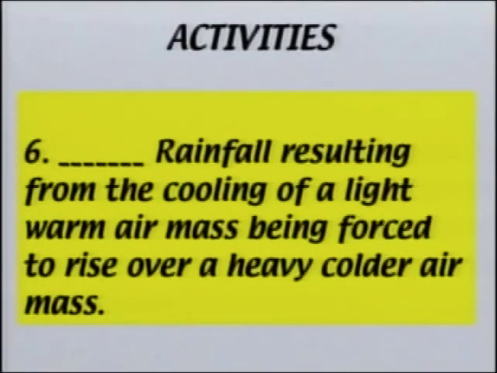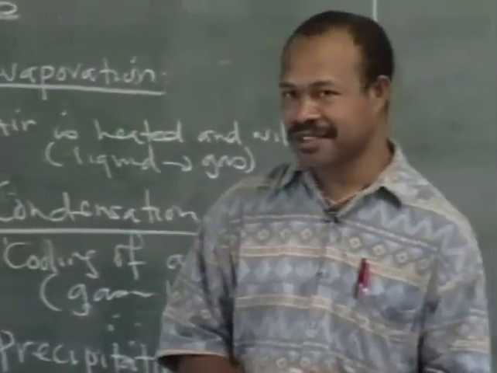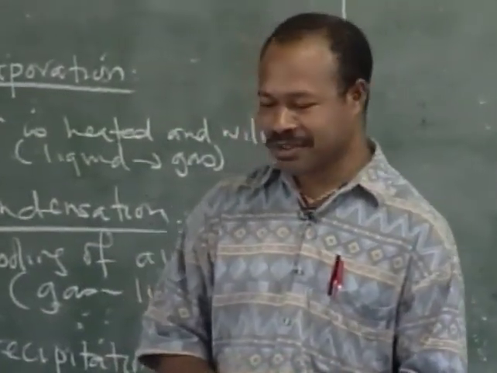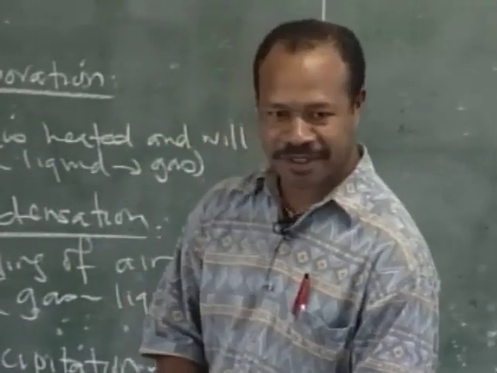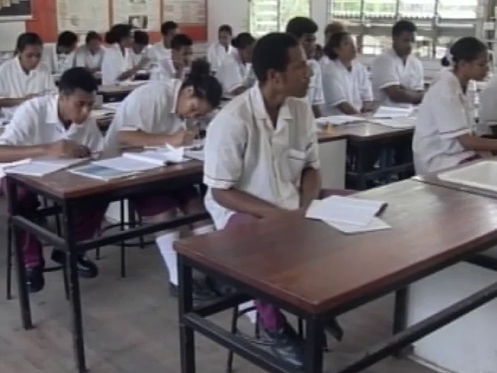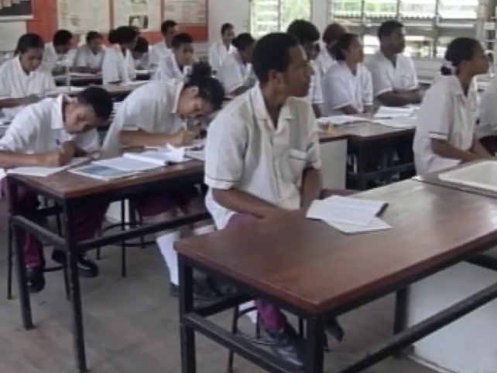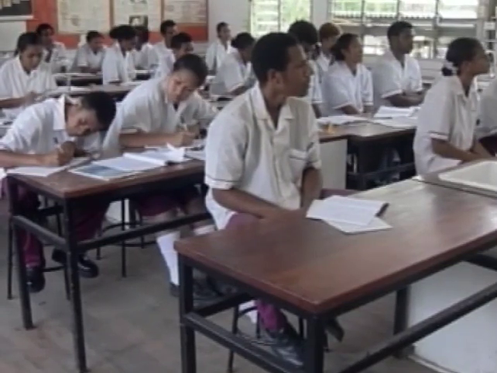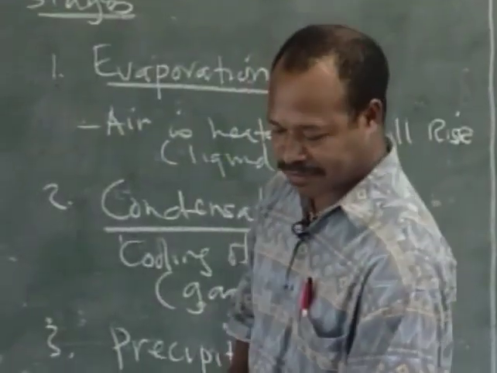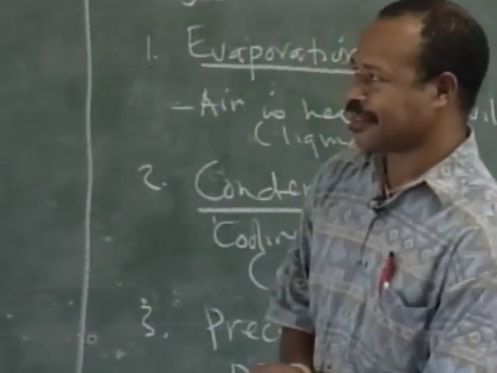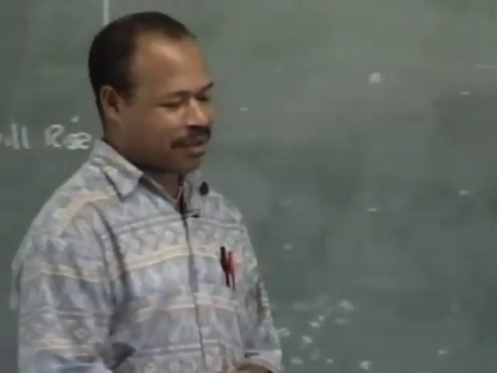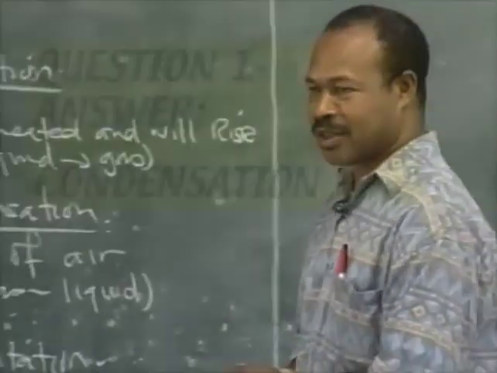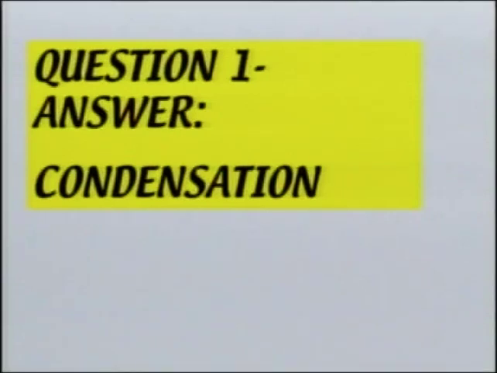Okay. Most of you have done the activity, so we'll check through the answers. Questions that we have given, 1 to 6. So with question 1, all of you should have the term or word condensation.